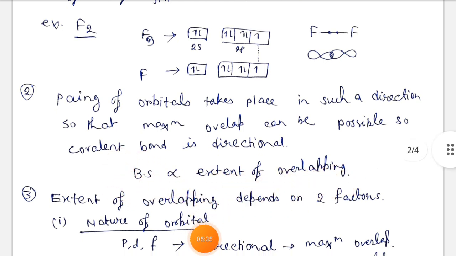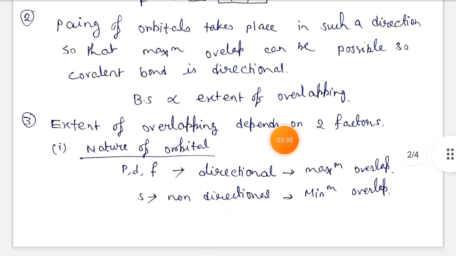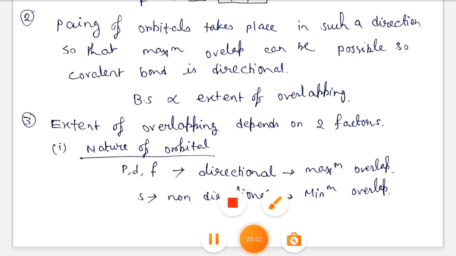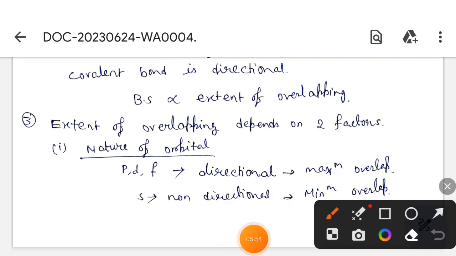Next, the extent of overlapping depends on two factors. The first one is the nature of the orbital: p, d and f are directional, so there is maximum overlapping, and the s orbital is non-directional, so there is minimum overlapping. Why is this directional and this non-directional? Because if you draw the s orbital, it is circular in shape.